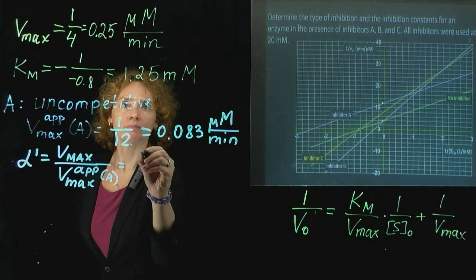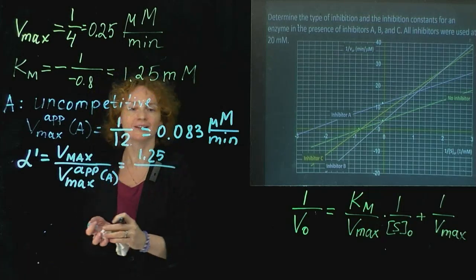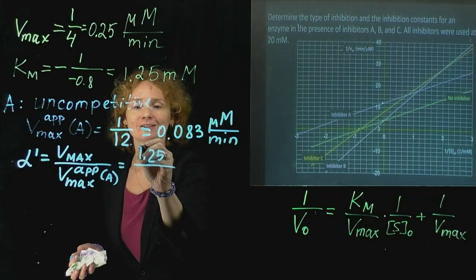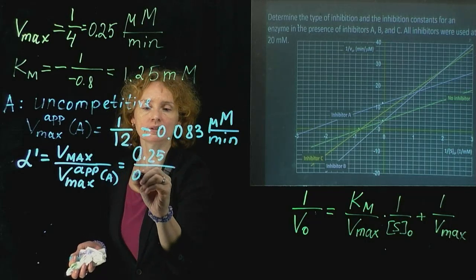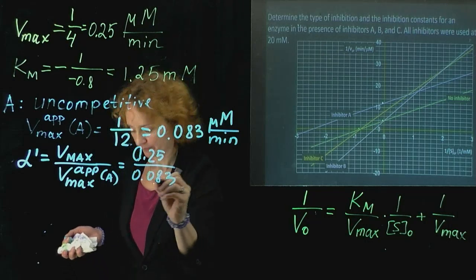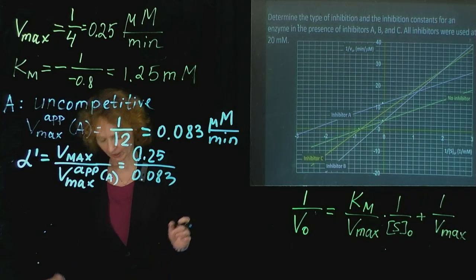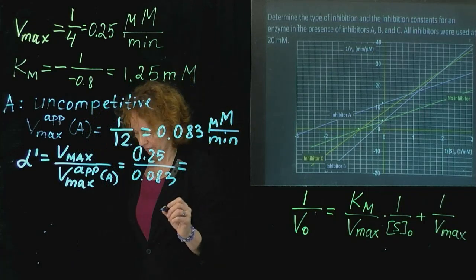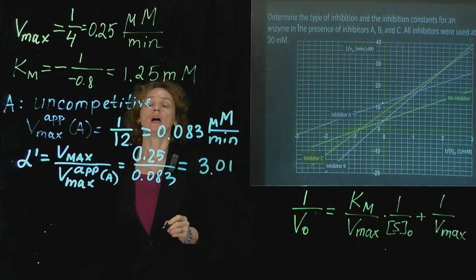So it will be 0.25 micromolar per minute over 0.083. And so we find that alpha prime is about 3.